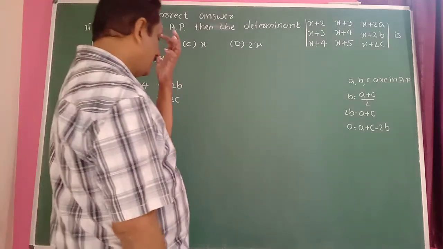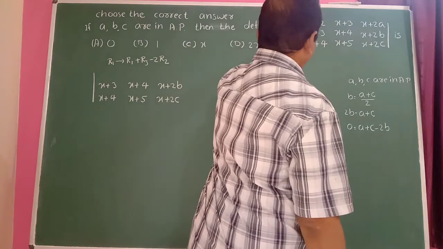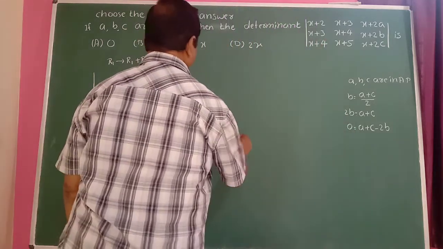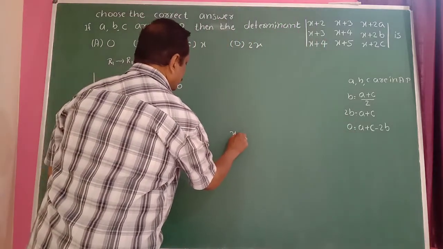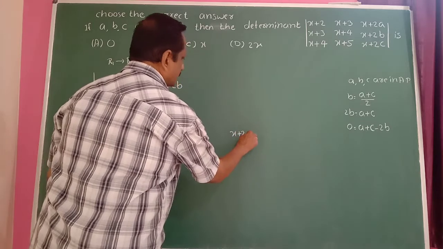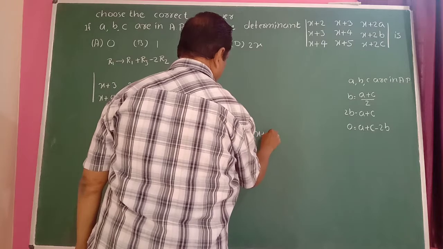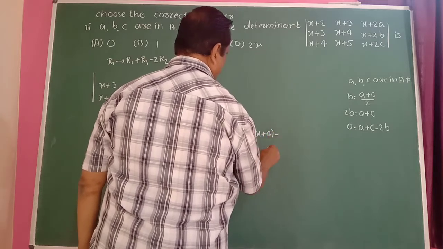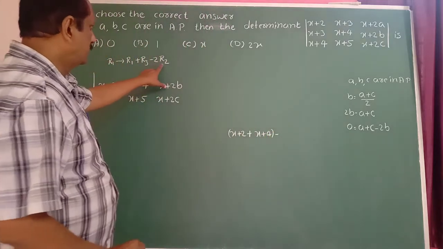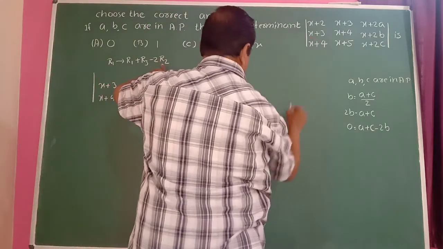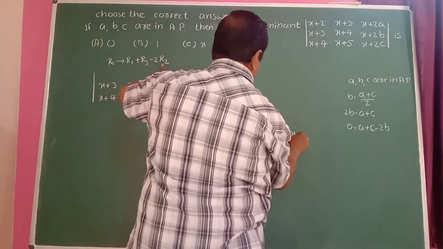In this case, adding the first and last row elements. So I am writing here x plus 2, then plus x plus 4, minus 2 into this element, so 2 into x plus 3.